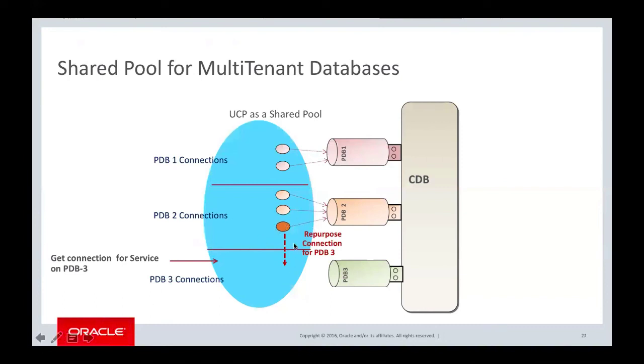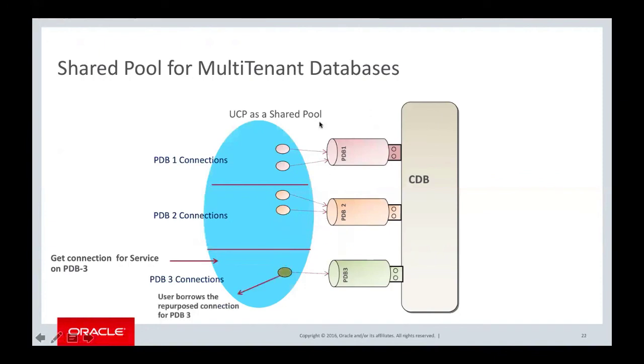We use a new service at the database level. I cannot remember exactly, but it's a set service command under the cover. UCP will use it under the cover to repurpose that connection, and then the user will use it. That's how we can share one single pool across all the PDBs.